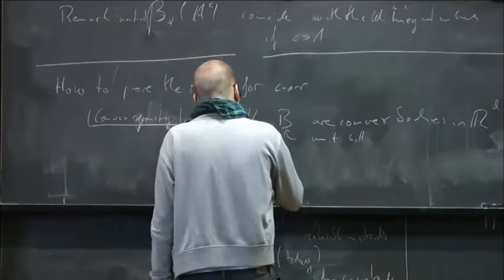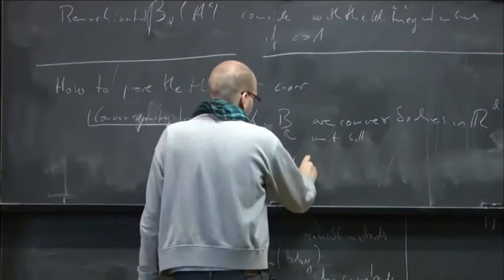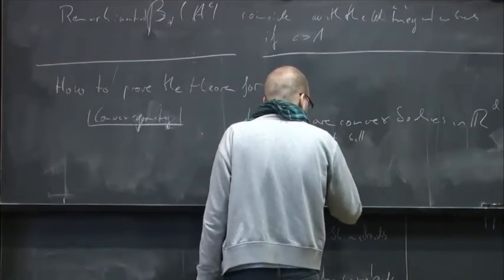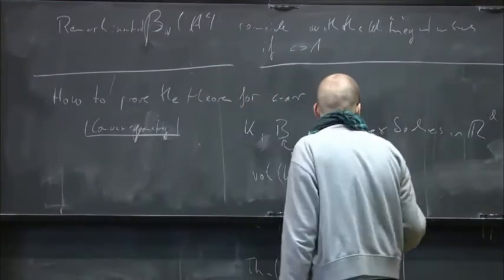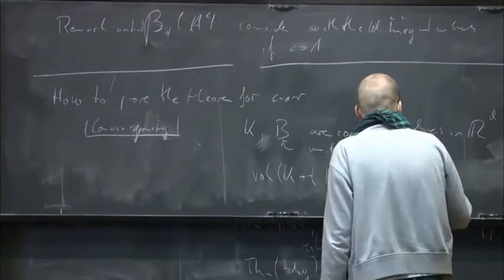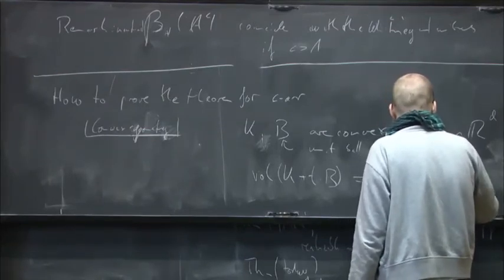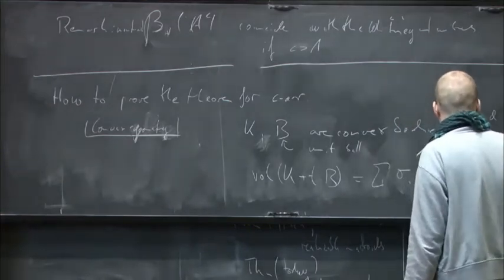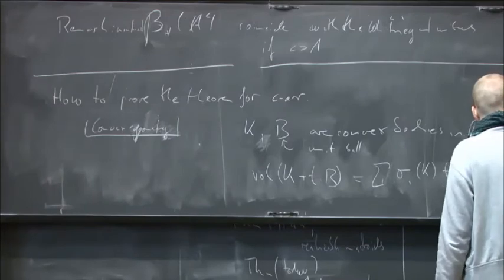I want to study the function of K Minkowski sum t times the unit ball. It turns out that this is a polynomial, the sum of sigma i of K times t to the i. This is called the Steiner polynomial.